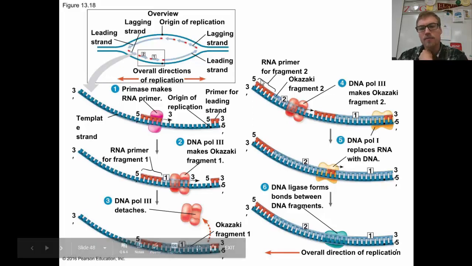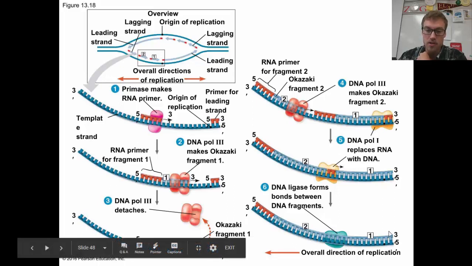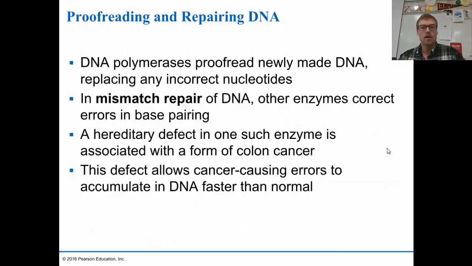You then have a new primer added on, and then the DNA polymerase is going to add on the nucleotides again to get to the next RNA primer. While that's happening, DNA polymerase 1 is replacing the RNA with DNA, and then DNA ligase is going to fill in the gaps. Because this process is taking place over time and you're not able to just replicate continuously, it's called the lagging strand.